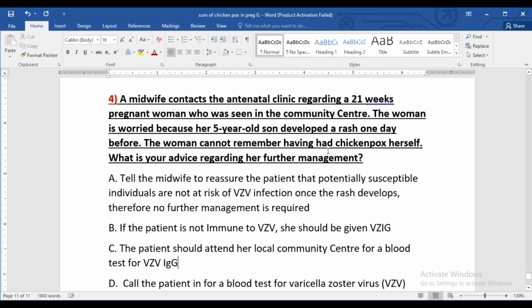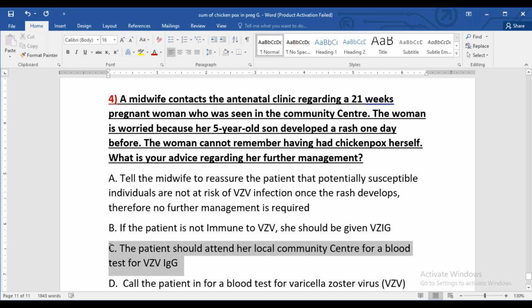According to the question, C is the best. B is best if the result comes back. They are asking about your further management. Number one, you have C, to check for the immunity. The start is to check for the immunity. After that, if she's not immune, you will go for the immunoglobulin. But this is step number one.